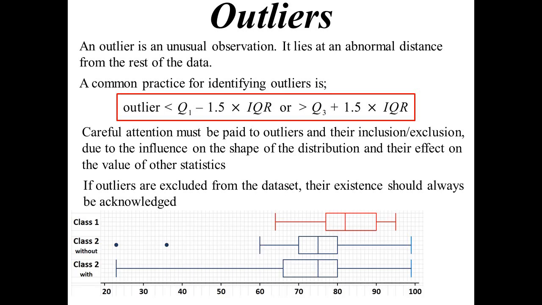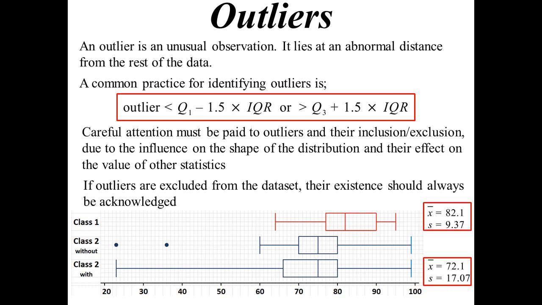If I don't include those two scores, look what happens to the box and whisker. It still looks like the red one's better, but not by as much as first thought when you get rid of those outliers. You can see the whiskers are a bit closer now, certainly the bottom whisker anyway. Turns out, for class 1, the average was 82.1, the spread, or the deviation, 9.37.